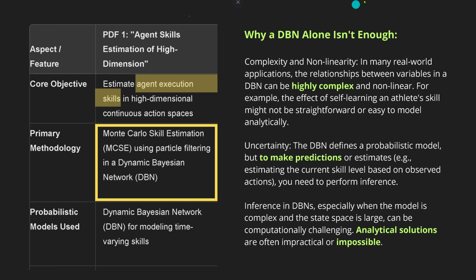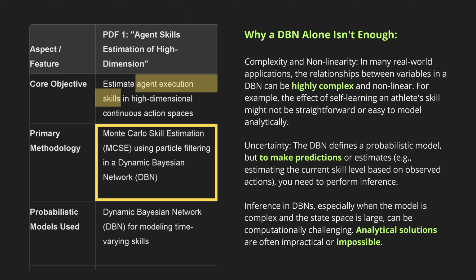So this dynamic Bayesian network defines a probabilistic model, but to make predictions on the future, which path to choose, how to go on, or estimating the current skill level based on the observed actions, so that we say, hey, this is a real advanced AI agent, and his particular skill, let's say to make decisions, is really 8 out of 10, we need now to perform inference. You know this from classical statistics.